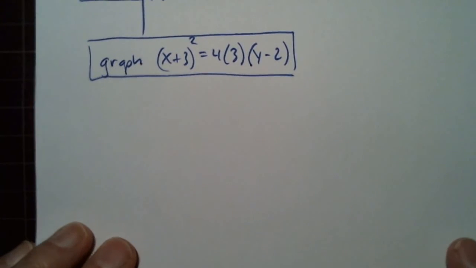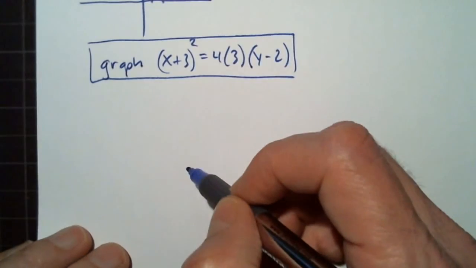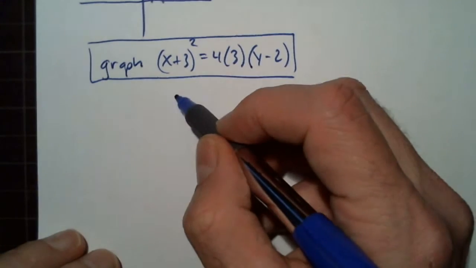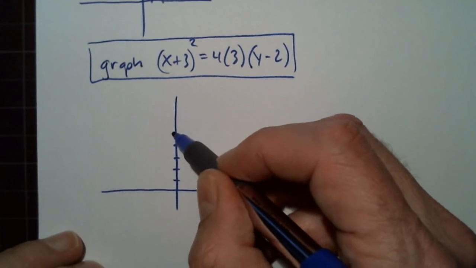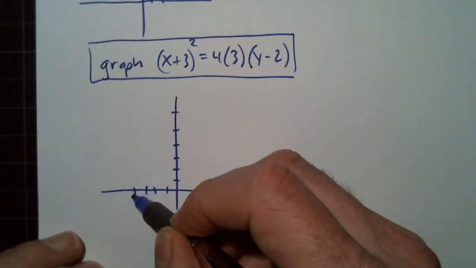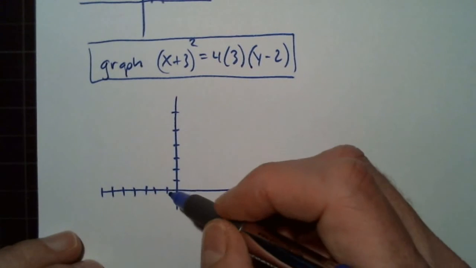Alright, pause the video and try that one. So we know that the vertex moved left 3 and up 2.